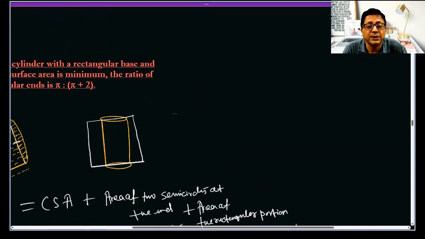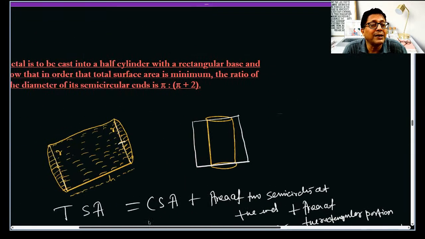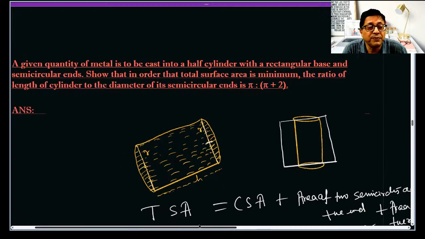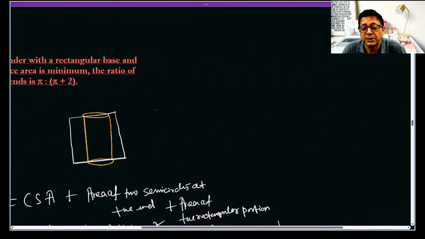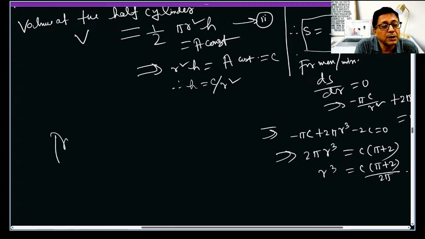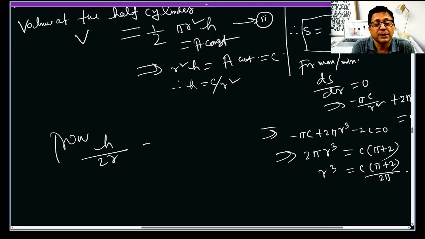Next, what you have to find? You have to find h by diameter, no, there you have to find h by 2r, isn't it? Now h by 2r is what? H is C by r square.